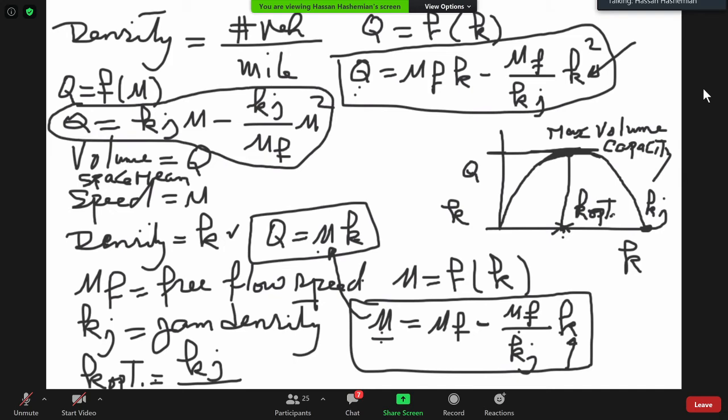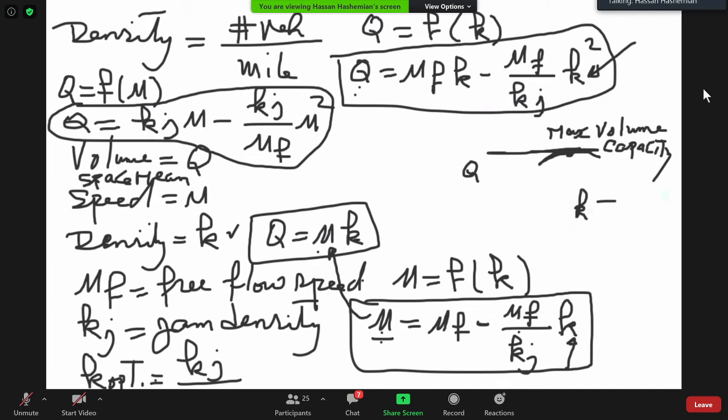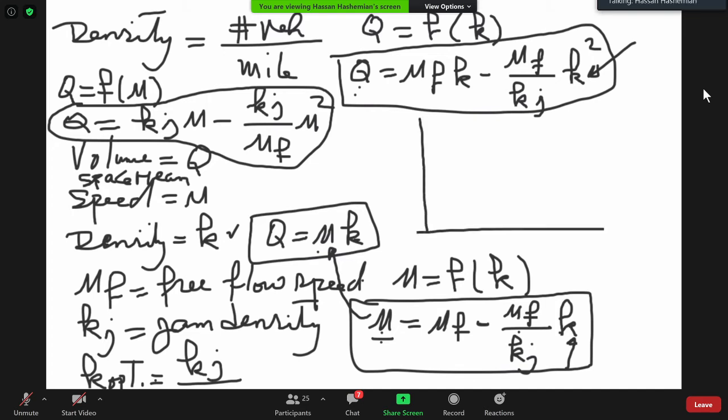Now, if I have to plot this, I could do the same thing. It is a parabola. So I will do the plot. Now this time I put the mu over here and Q over here. So the parabola will be like this. So this will be again maximum volume or capacity.